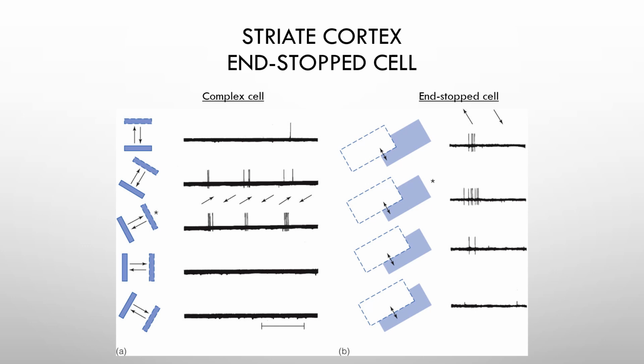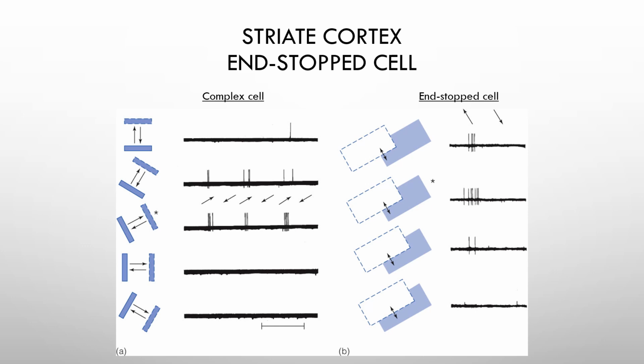If it gets too long, I don't really respond that much. And if it gets way too long, I don't respond at all. It has to be this particular length with the 90-degree angle moving up and to the left at that orientation. So that's how specific those cells get.